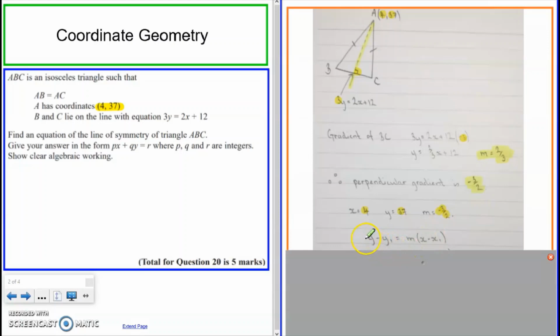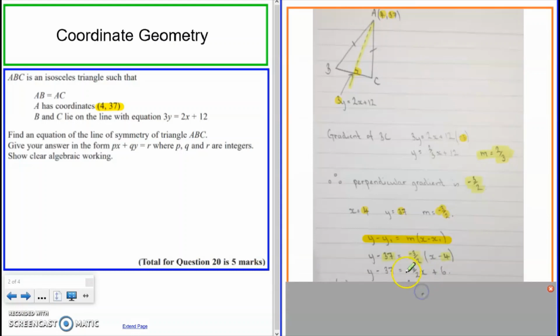But I'm going to use this version of the equation, and I'm going to substitute in the 3 values. So I've substituted in x1, y1, and m. Then I'm just going to go ahead and expand the bracket, which is why I've ended up with -3/2x plus 6, remembering that those 2 negatives there would give me a positive.